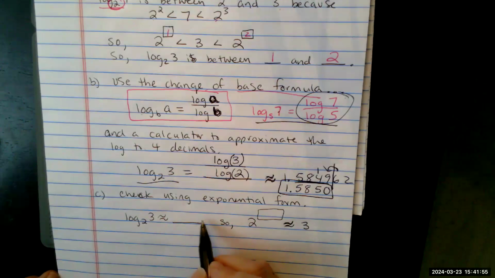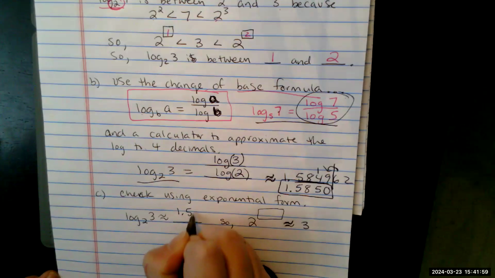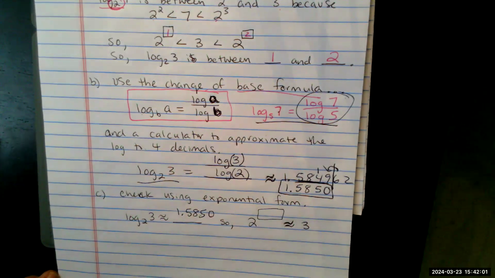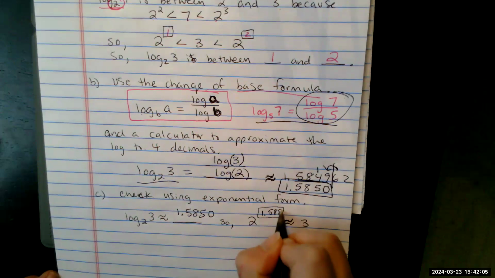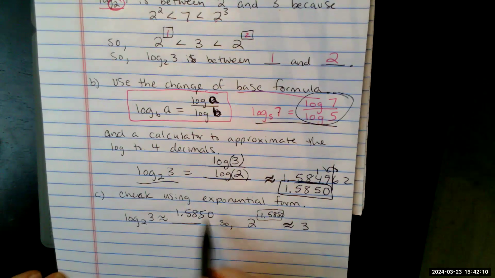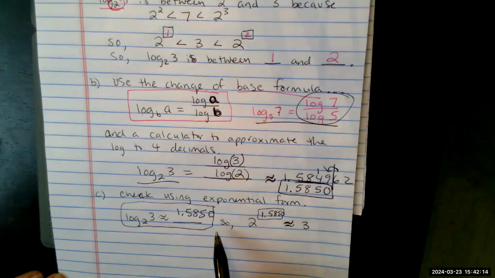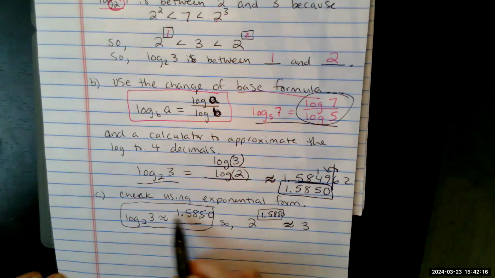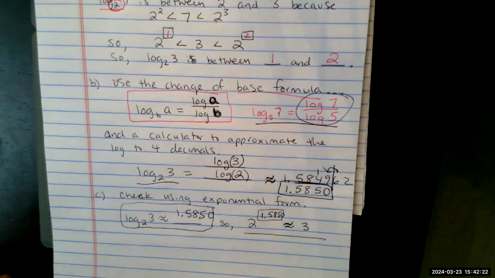Since this is about this, that means 2 to this power is about 3, right? I'm just rewriting it in different forms. So this is what we just found out using the change of base formula. And if we change the form, it would be 2 to that power is about 3. So you could check that out and make sure it works.